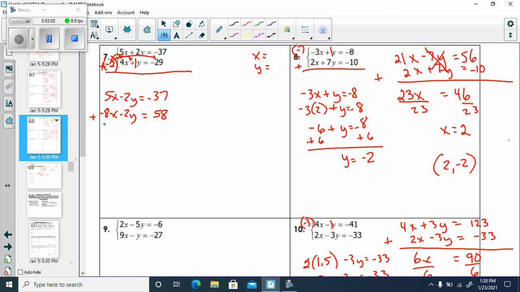Now, we're adding these two. 5x plus -8x would give me -3x. I'm sorry, this is positive 2y, right? Plus -2y would give me 0. I've eliminated the y. This is equal to -37 plus 58.